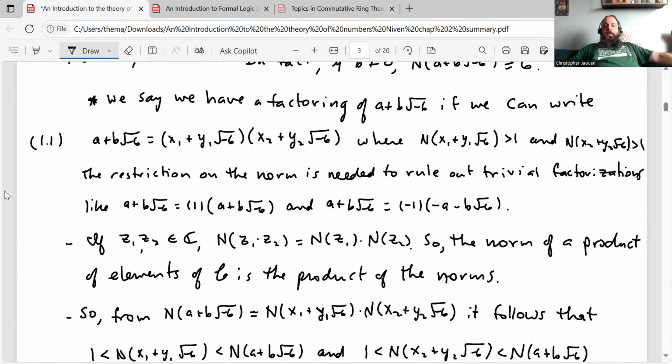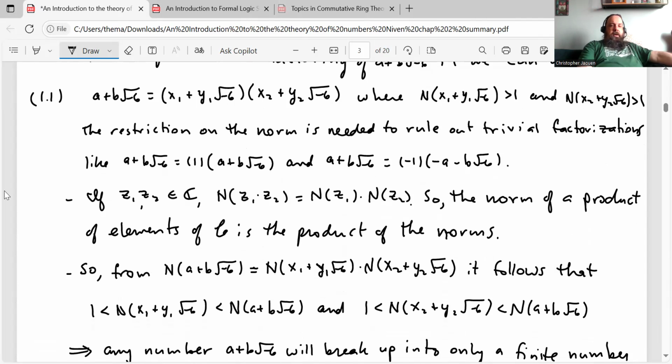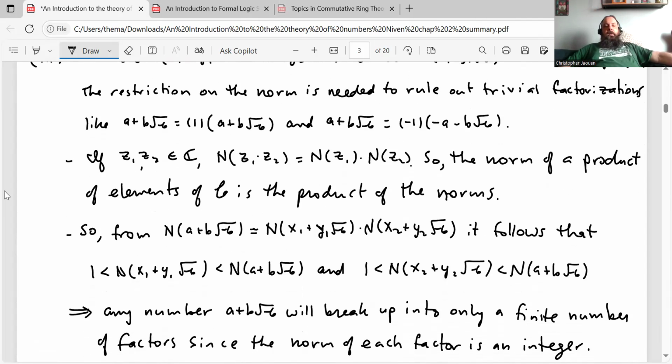The restriction on the norm is needed to rule out trivial factorizations like 1 times a plus b root minus 6, or minus 1 times minus a minus b root negative 6, right? And the fact that the norm of complex numbers is equal to the product of the norms also carries over into this class G. So the norm of the product of elements in G is the product of the norms.